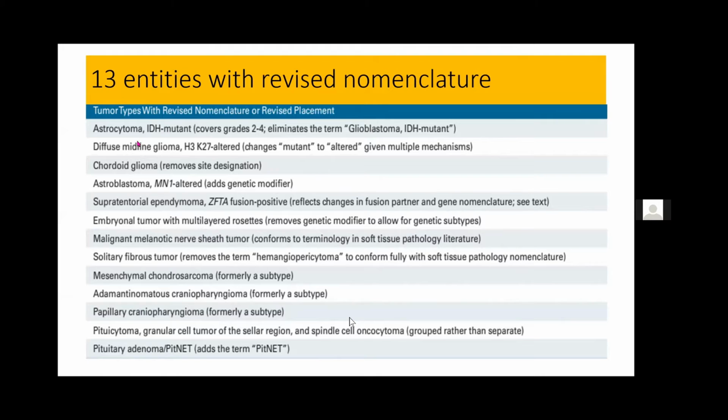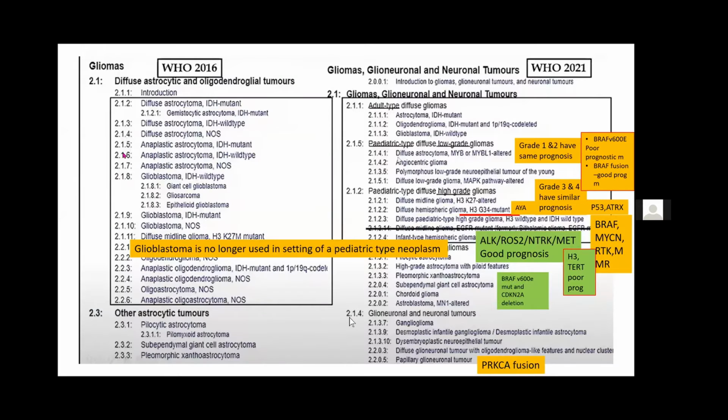So amongst the broad types like astrocytoma, which is IDH mutant and can have grades 2 to 4, there is no need for a term called glioblastoma IDH mutant. The term glioblastoma is now reserved for high-grade tumors which are IDH wild type. Glioblastoma is not diagnosed in the pediatric age group. If you see a very high-grade glioma in a child, you have to put it in the category of pediatric type diffuse high-grade glioma.